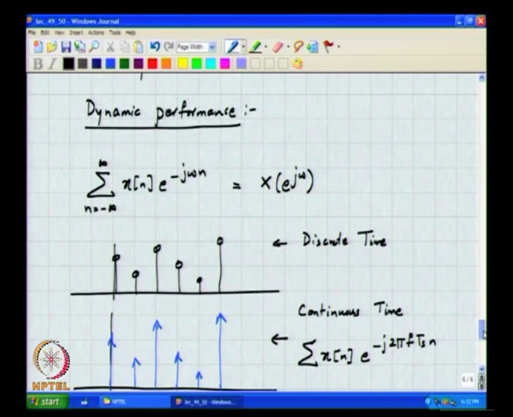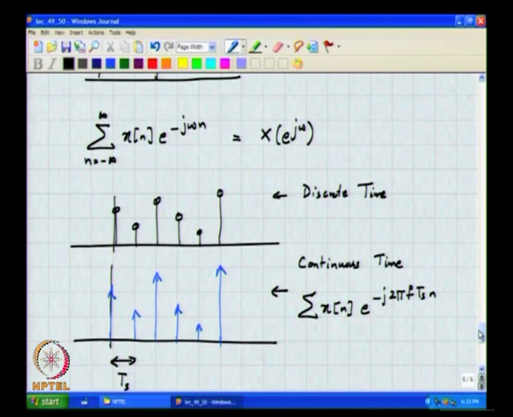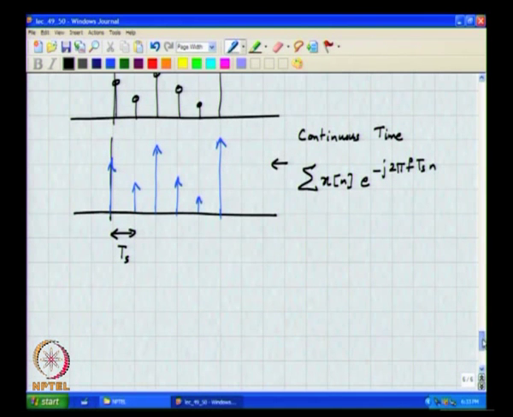So, how would you relate the discrete time Fourier transform to the continuous time Fourier transform? All that you need to do is replace omega by 2 pi f times T s, all right.